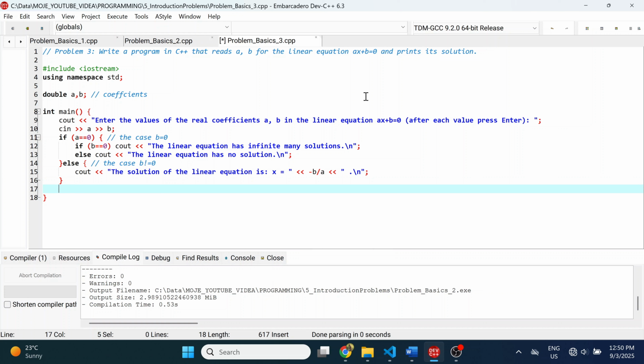The program then ends. Here, the return statement is optional, so it can be included or left out.